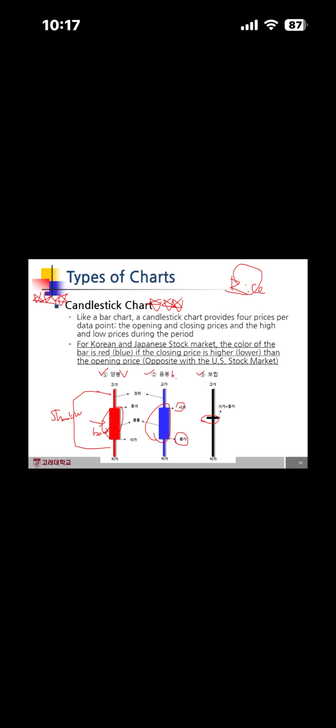But in the US, it's the opposite. If the closing price is higher than the opening price, it's blue in the US. And when the closing price is lower than its opening price, it's colored red in the US stock market.